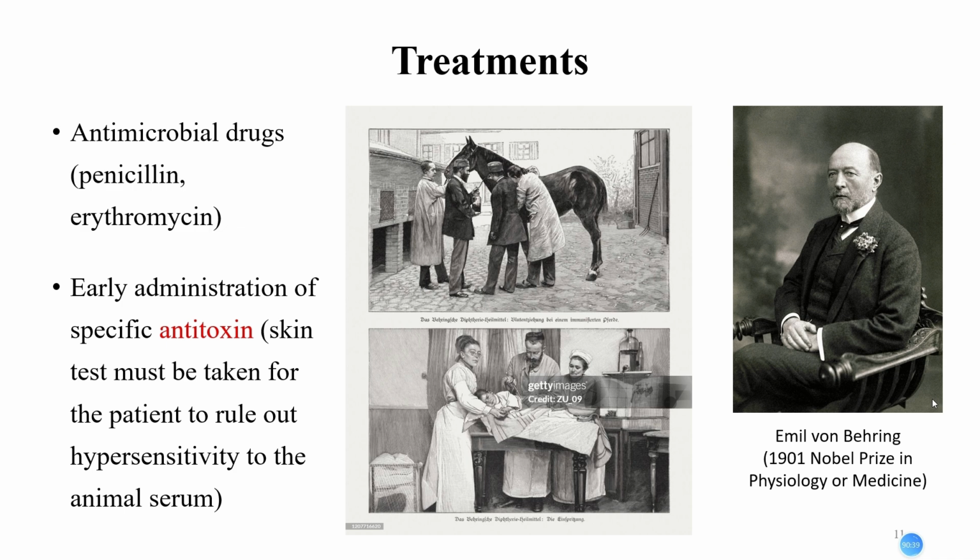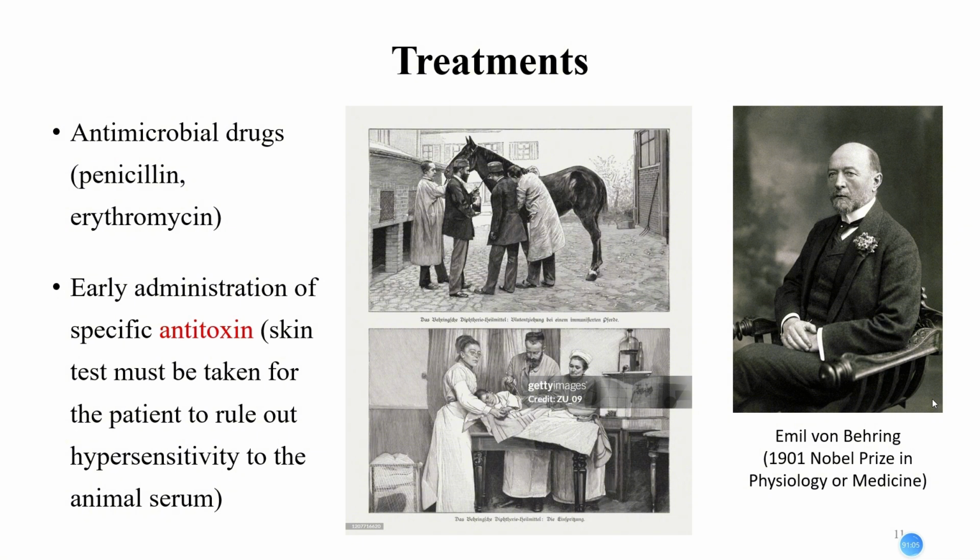This work happened over 100 years ago. Scientists used a small amount of toxin or toxoid to immunize the horse. Then they would be able to harvest the blood, the serum, which contains the antitoxin.